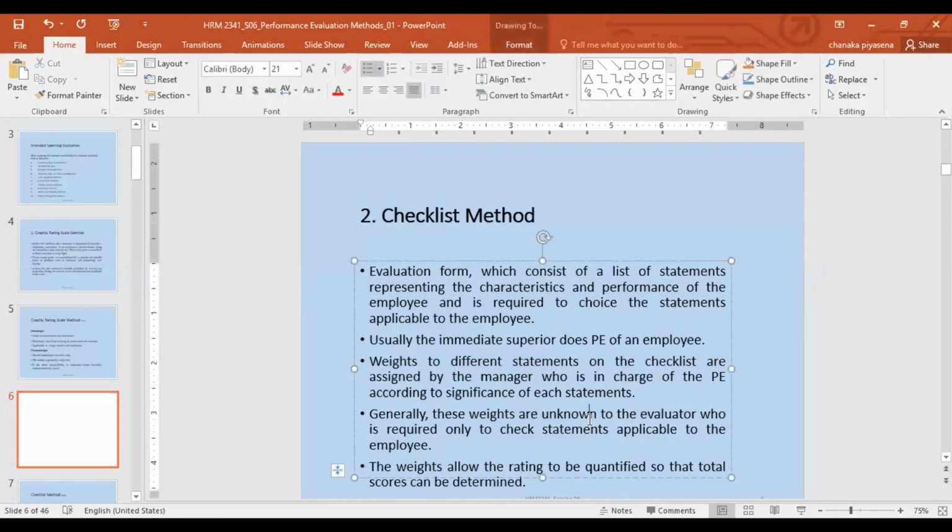Then the second thing is the weighted system. When we consider this performance evaluation form, there are two columns, the yes column and the no column. All these 5 statements are positive statements.